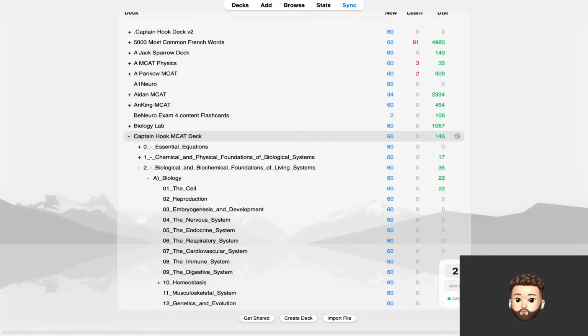So I'll probably end up switching to On King, and then I basically will call it a day. Obviously, I have a lot more cards done in PanCal, so it's not too late to make the switch, and I'll probably just switch into the Captain Hook deck for Psych Soch because I have all of my PanCal progress in this deck. So yeah, that'll be pretty much what I do.